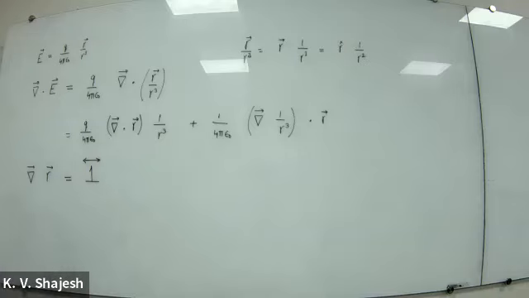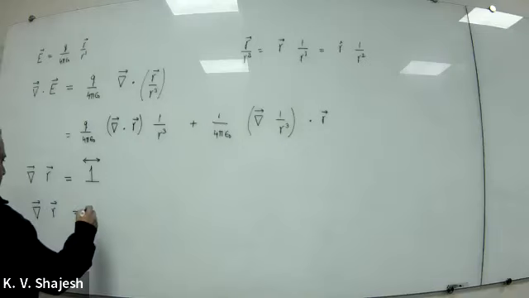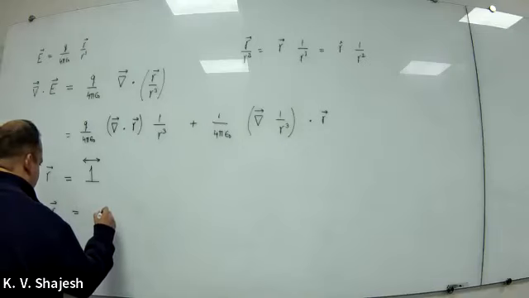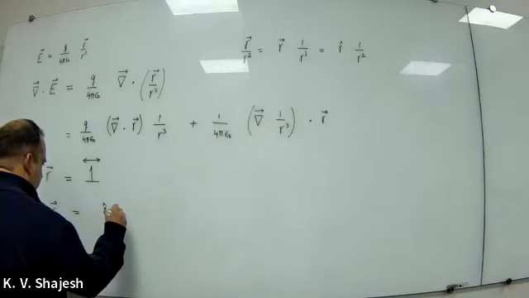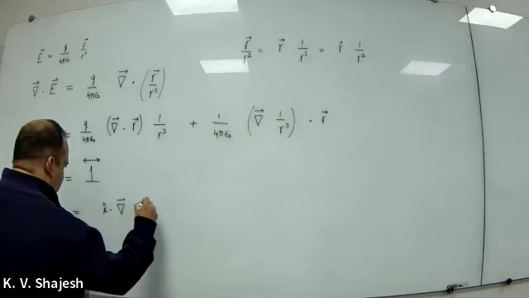We want to evaluate all the components. Whenever I have a dyadic, I want to evaluate every possible component of it. So the 9 components in rectangular coordinates would be, think of this again, I can have x hat dotted with the gradient times the vector r.